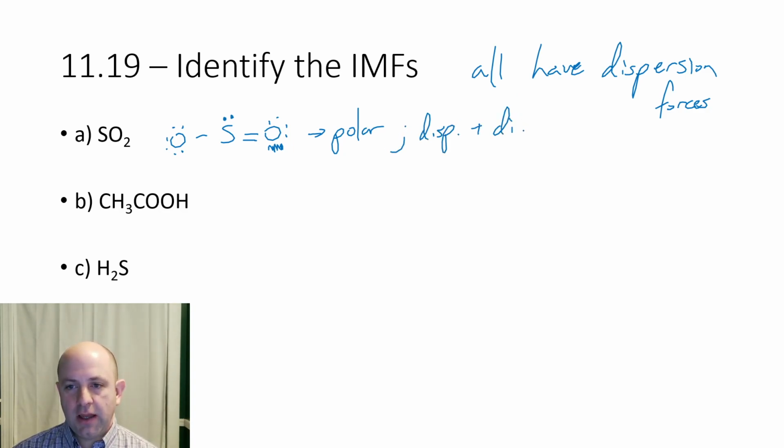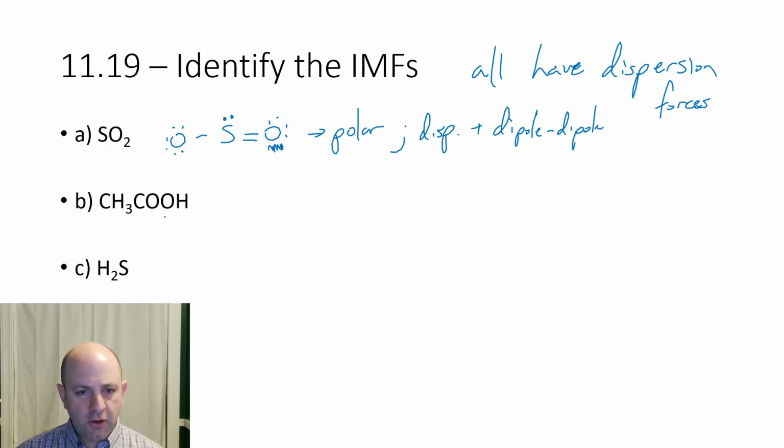It's also going to have dipole-dipole. It's not going to have hydrogen bonding because, well, there's no hydrogen. Remember, for that, we need to see hydrogen attached to either fluorine, oxygen, or nitrogen. So we don't have it here. So this one's got dispersion, dipole-dipole. That's it.